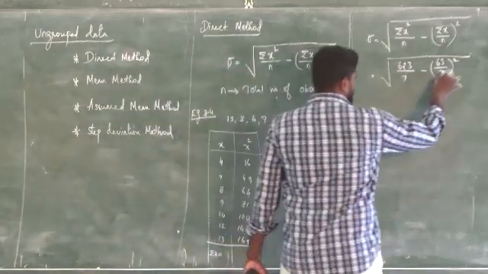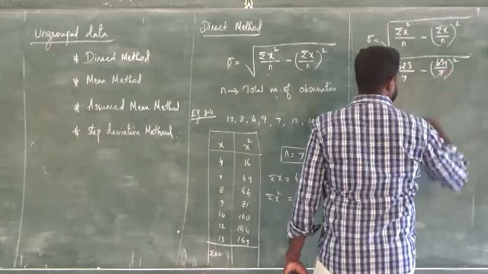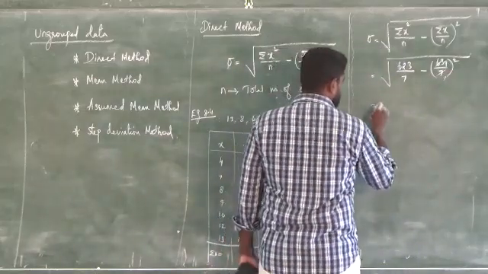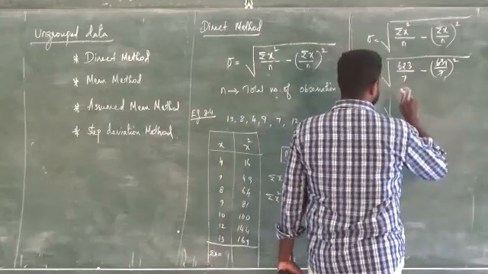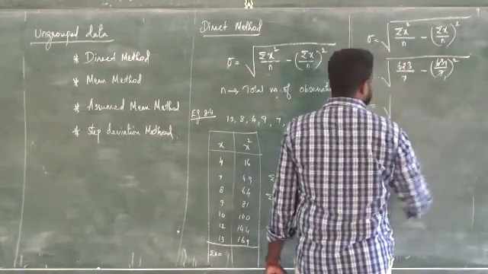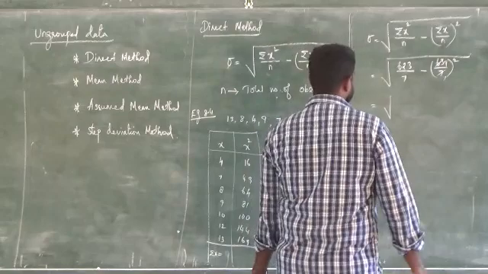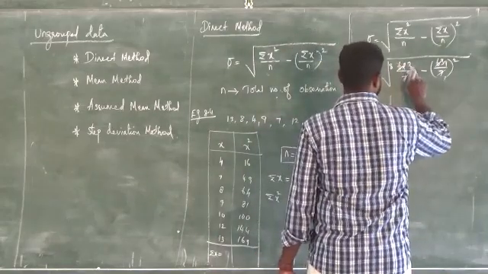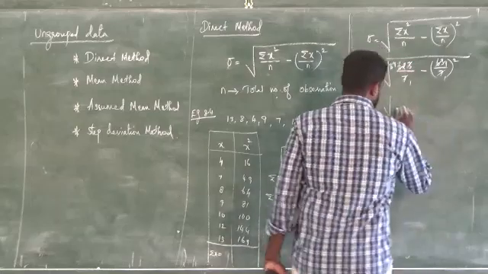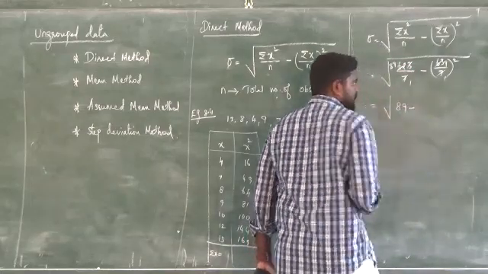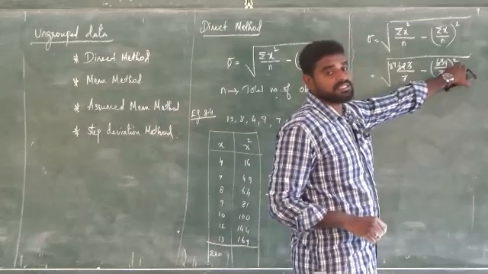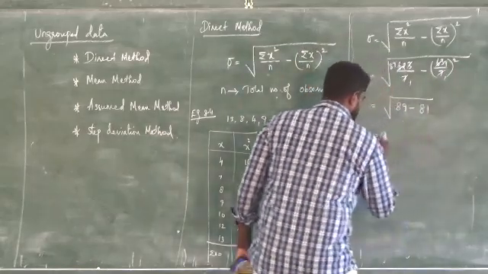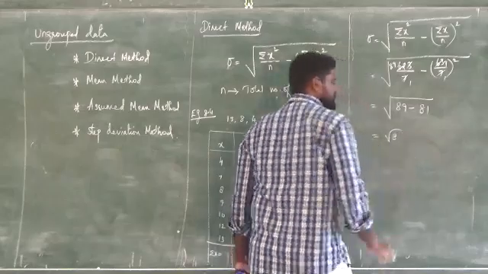Now 63 by 7: in the 7 table, 9 times is 63, so if possible you can cancel it. 8 sevens are 56, remaining 63, and 9 sevens are 63. So square root of 89 minus 9 square. 9 square is 81, and 89 minus 81 gives root 8.